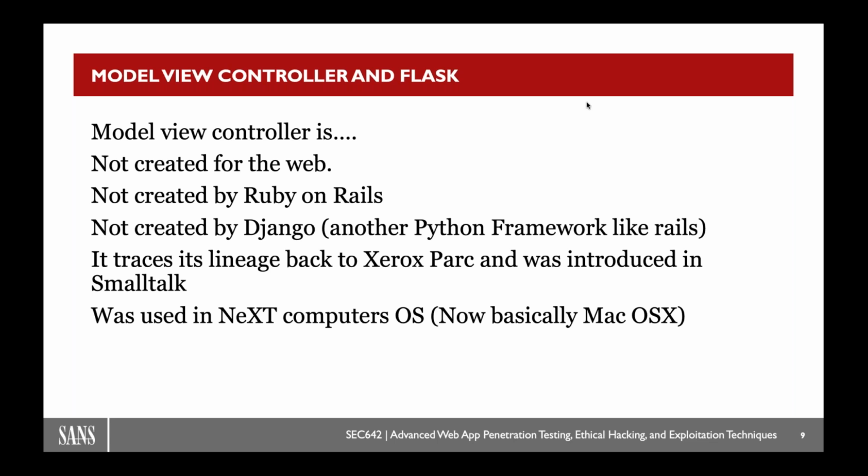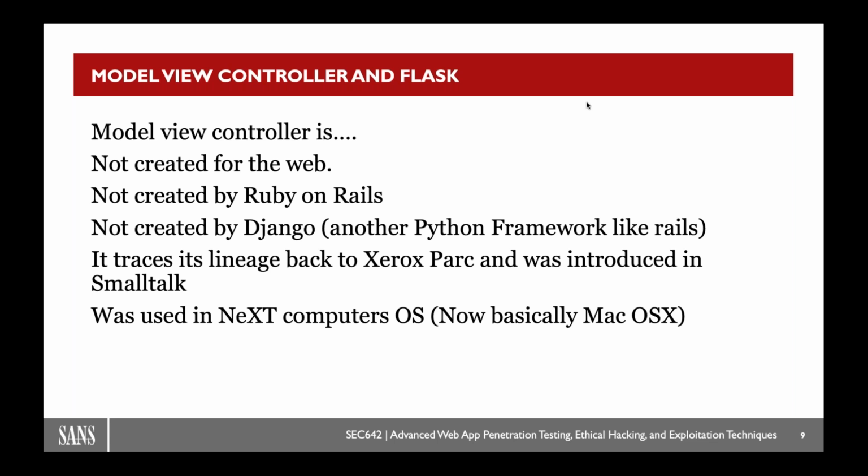So the underlying architecture for many of these things is something called model view controller. Model view controller has been really promoted as a web framework or as a web technology by the folks over at Ruby on Rails, right?